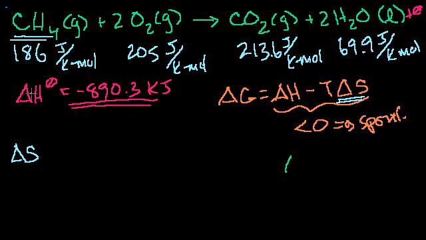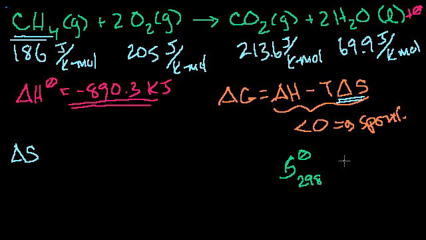Standard, you put a little not symbol there. When we say standard, it's at 298 Kelvin. You don't use the word degrees necessarily when you talk about Kelvin. So it's at 298 Kelvin, which is 25 degrees Celsius, so at room temperature. So that's why it's considered standard temperature.